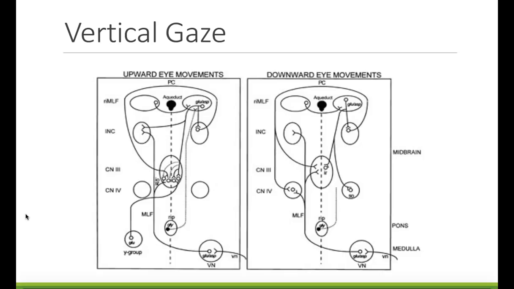So this is a diagram of the vertical gaze centers. And this is a much trickier pathway, and one that I wouldn't recommend spending a great deal of time struggling over. This just basically illustrates the complicating components because there are multiple nuclei involved in elevation and depression of the eye.